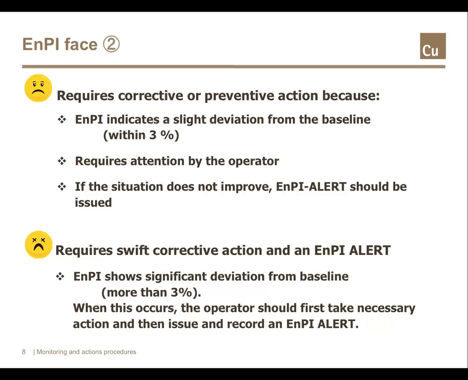A crying face should indicate significant deviation below baseline. That's more than 3% deviation, which means the operation is consuming significantly more energy than the baseline. When this occurs, the operator must first take any necessary corrective actions before issuing that energy performance indicator alert for the record and to help improve procedures in the future.